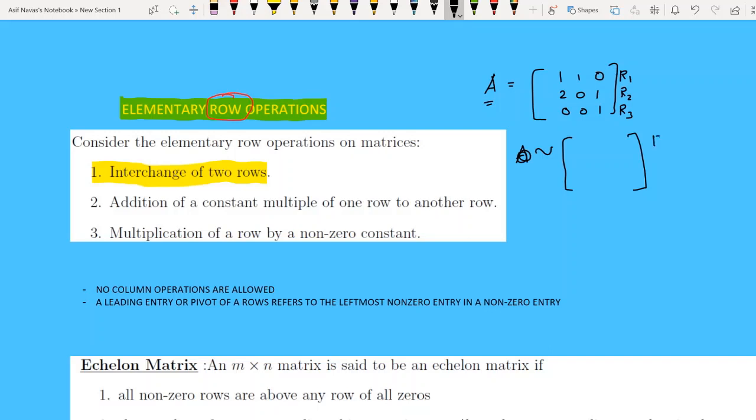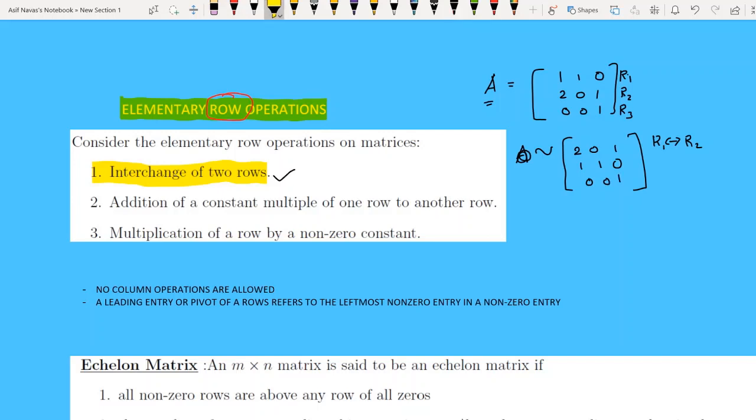If I am interchanging R1 with R2, that means I am interchanging row R1 and R2. So this you can write as 1 1 0, 0 0 1. So this is an elementary row operation.